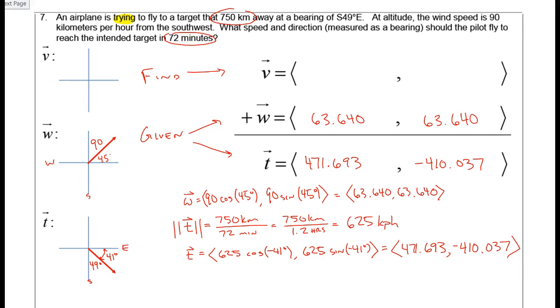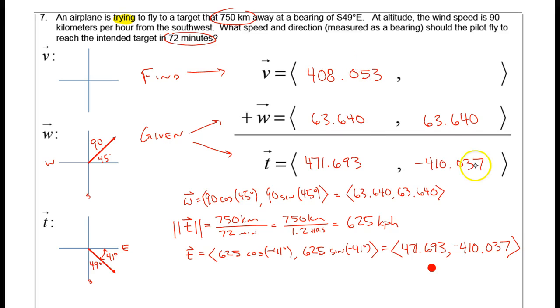that vector to get to his intended target when adjusting for the wind. So we can easily figure out the different components of v by doing the horizontal component of t minus the horizontal component of w, and that gives us v's horizontal component as 408.053.